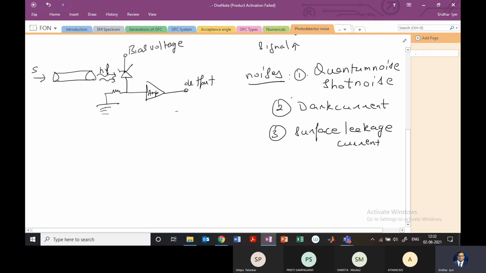So in general, the most important would be the shot noise, and the dark current and the surface leakage current are usually negligible.